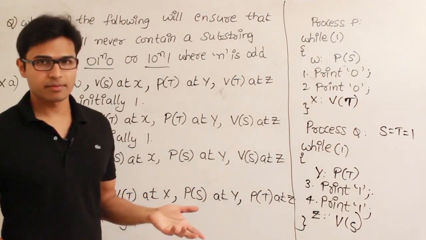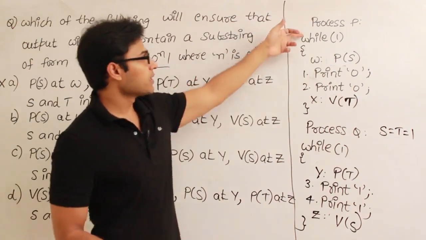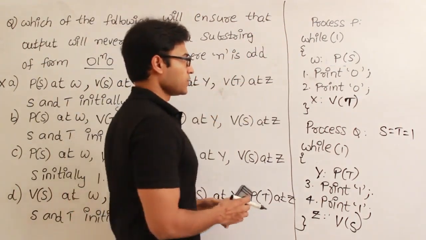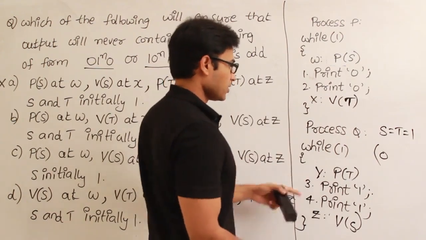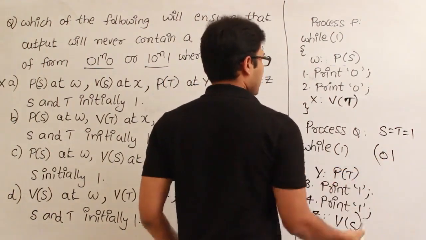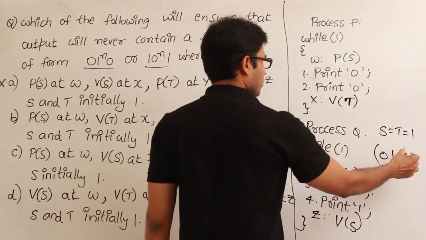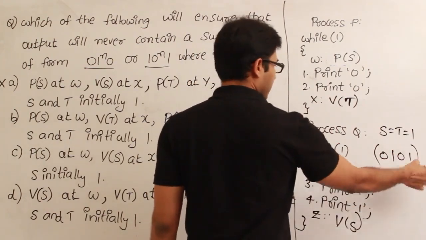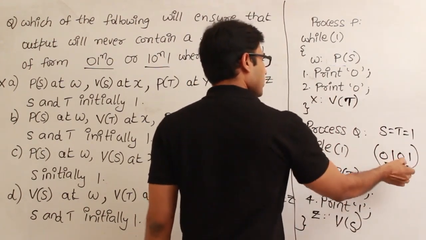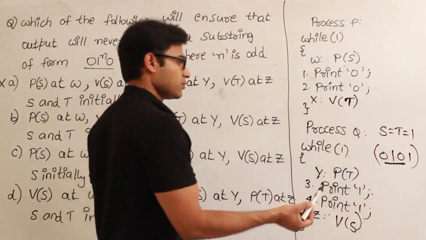Again the same thing can happen. P can execute line 1 and print 0 and get preempted, then Q can execute 3 and get preempted, then P can execute 2 and get preempted, and then Q can execute 4. Therefore 0, 1 power n, 0 where n is odd is possible here also.